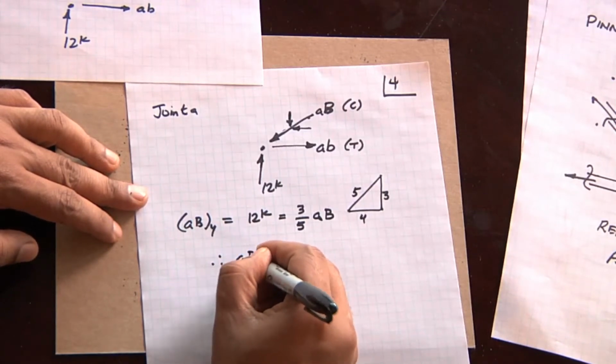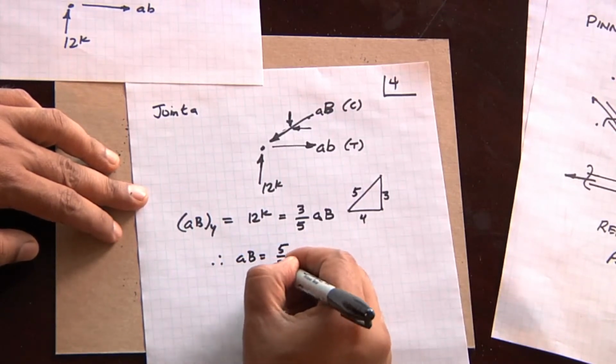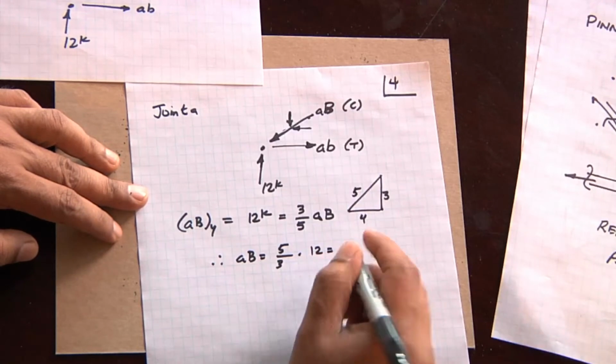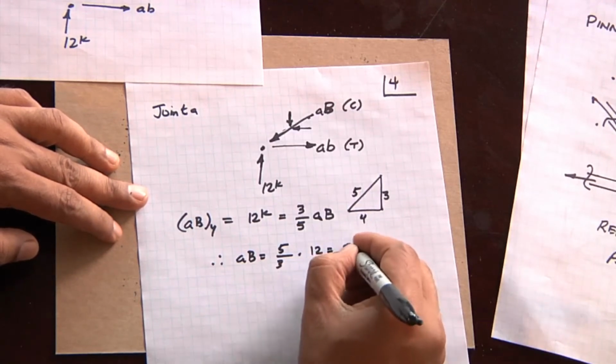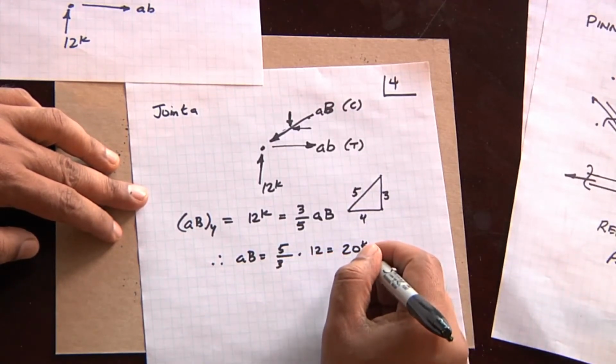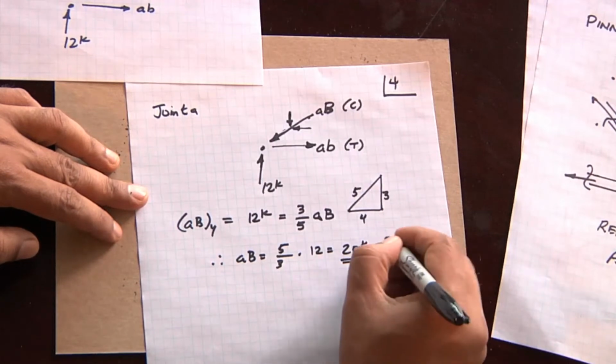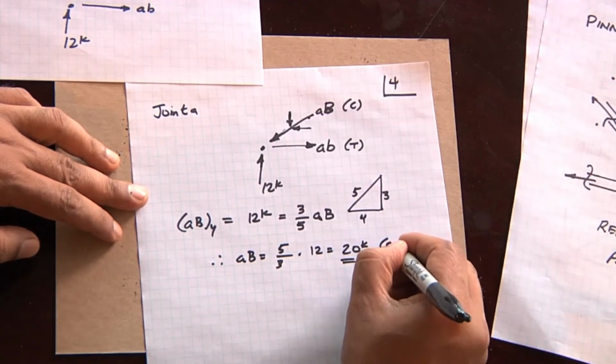Therefore, AB is 5/3 times 12. 3 goes into 12 four times. That's 20 kips. And that's in compression.